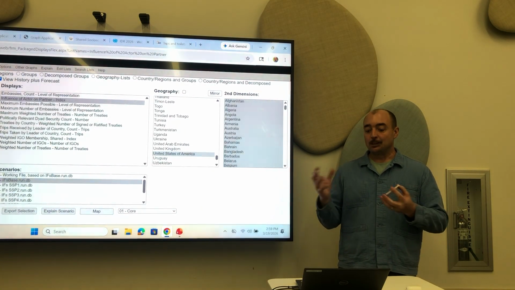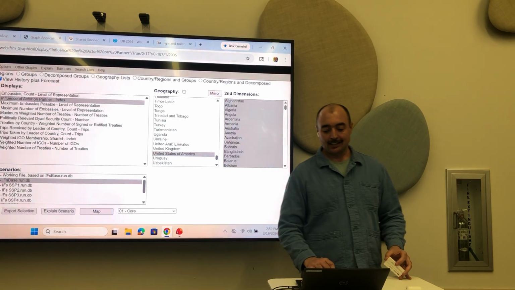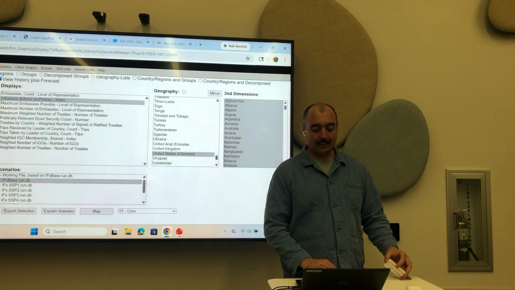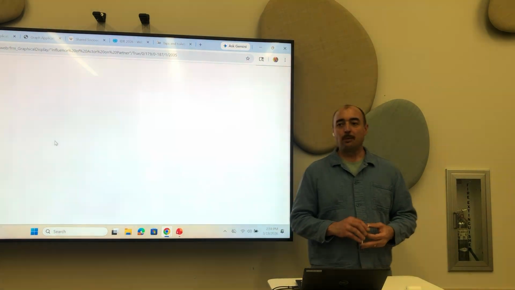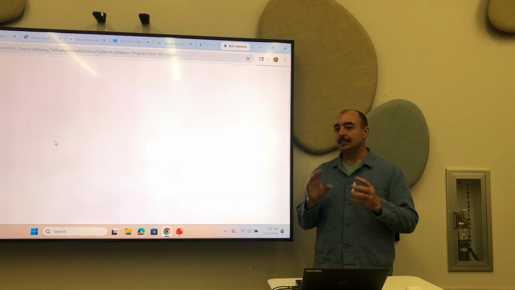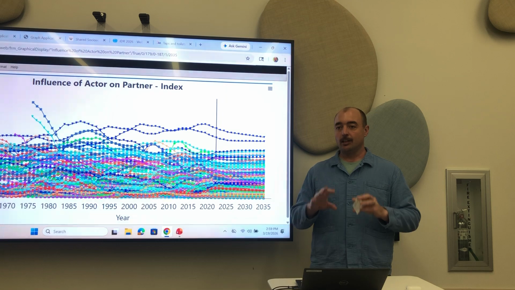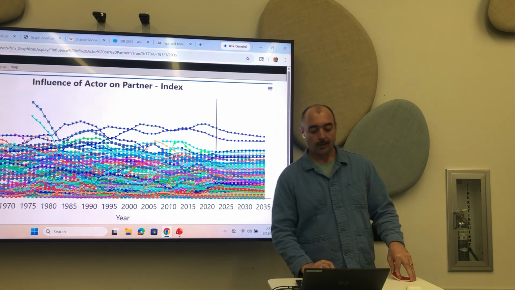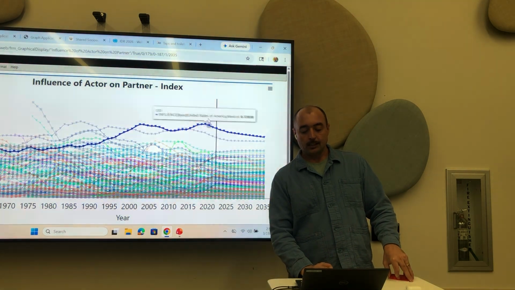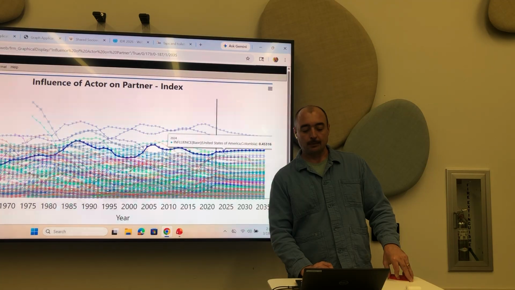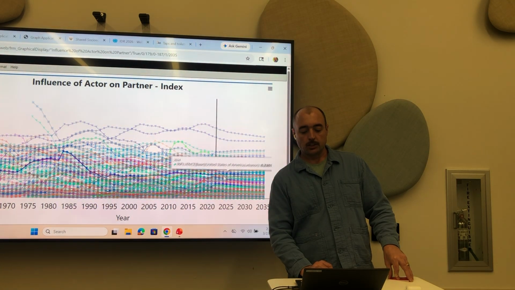So the point of a tool like this, and what I think that we're trying to do, is help people understand what empirically seems to be more right to allow them to make decisions based on their kind of value consideration. So here's the US. Who does the US have influence over that's similar to China's influence over Iran?